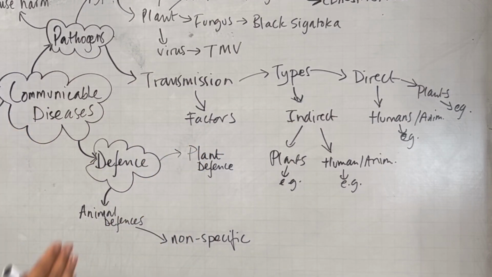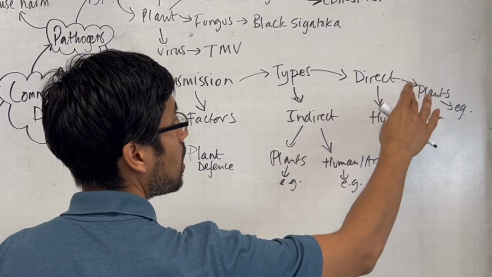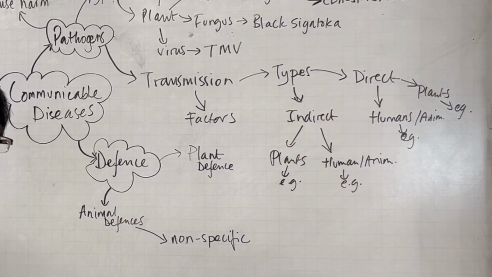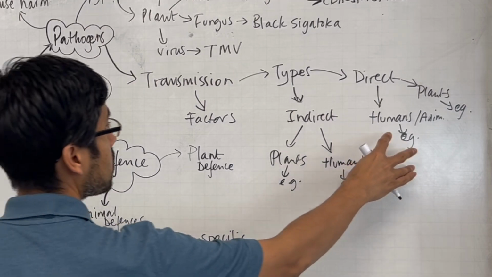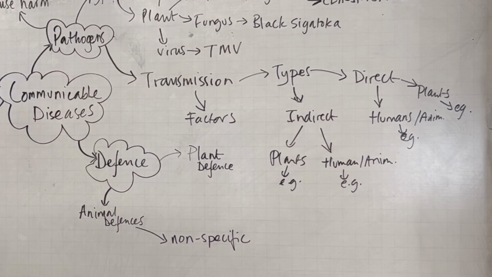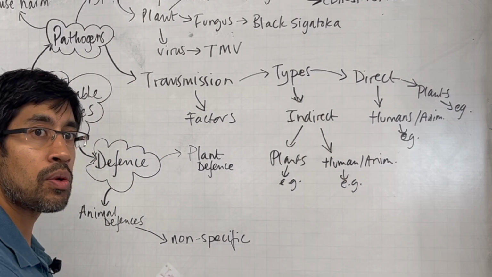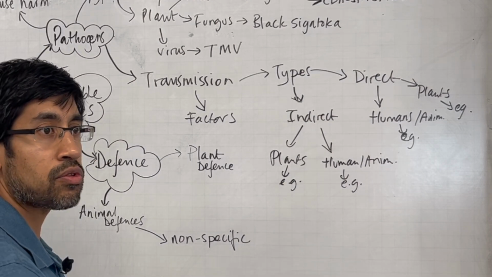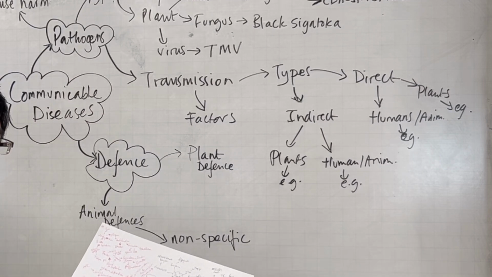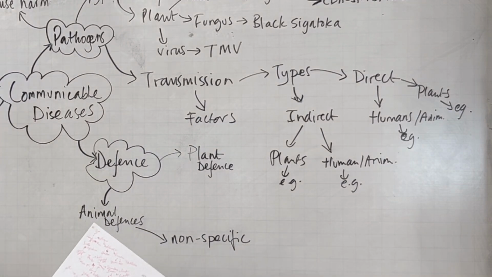So if we've got indirect transmission in animals, that could be, for example, droplet infection. So droplet infection would be there, but there are certain factors which make droplet infection more or less likely, right? For example, overcrowding would increase the chance of droplet infection because there's simply more people in a particular space, right?